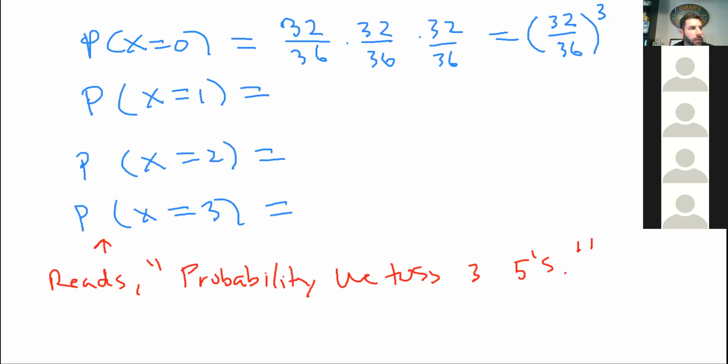Again, the probability, if you want to think of this in a more useful way, if I annotate this up here. This is your first toss.